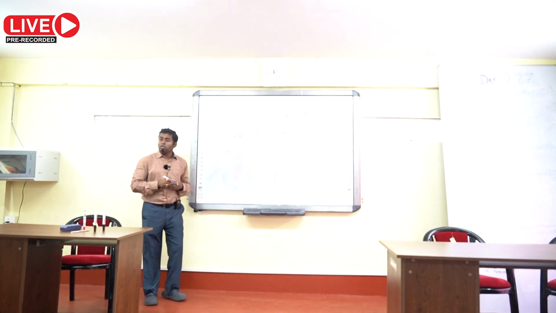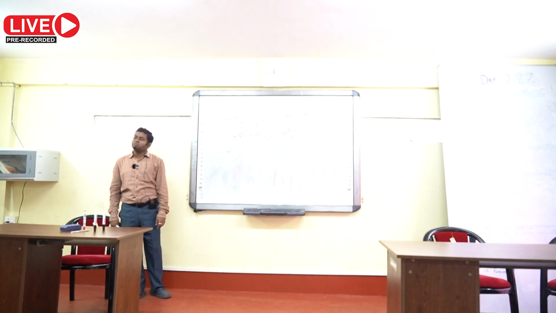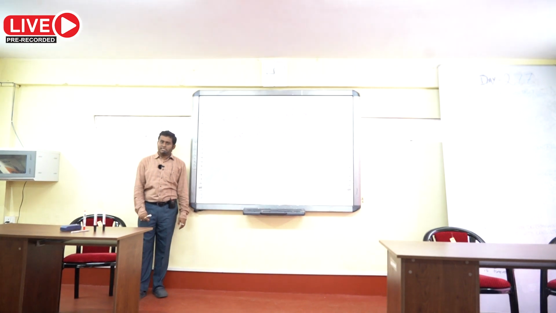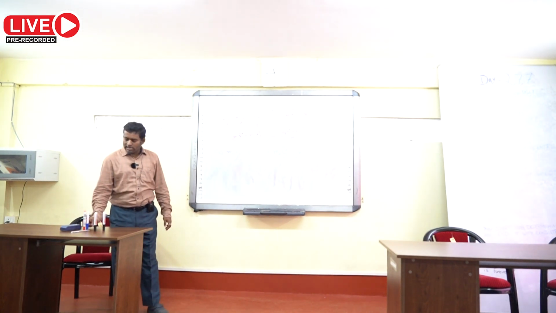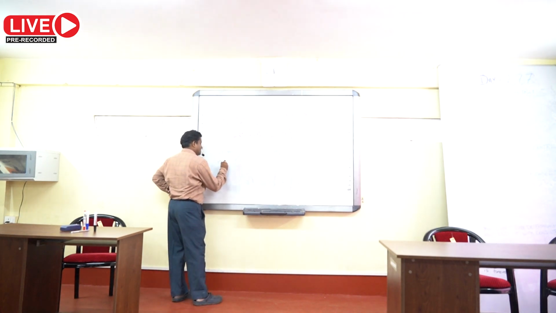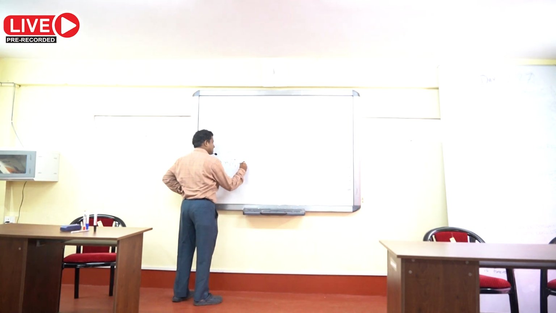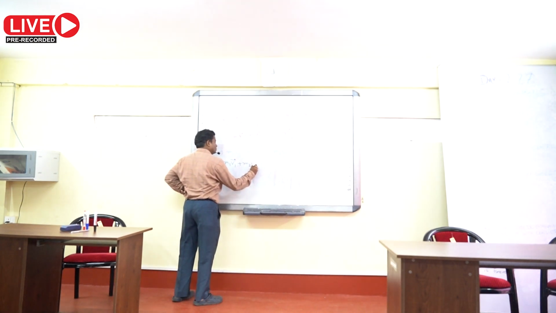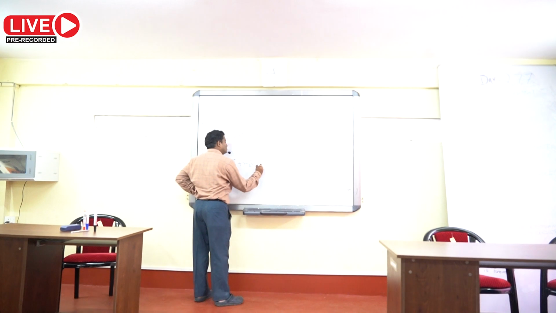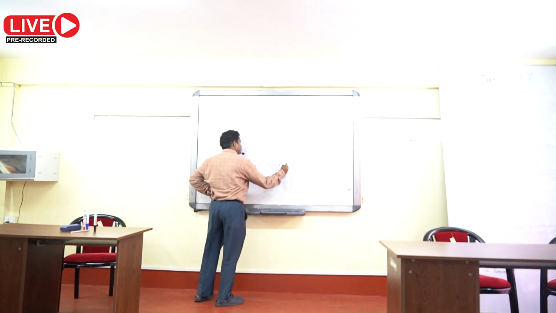Now collect all the terms containing v on the left side and all the terms containing u on the right side. What you will get? See this one: m1 v1 plus m2 v2 is equal to m1 u1 plus m2 u2.